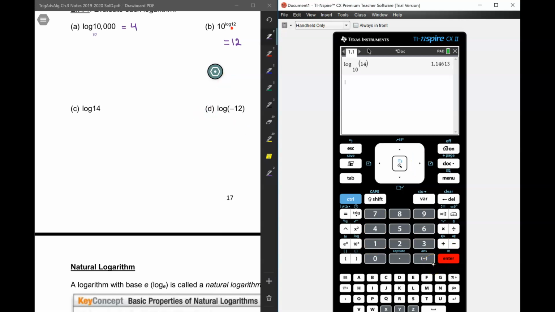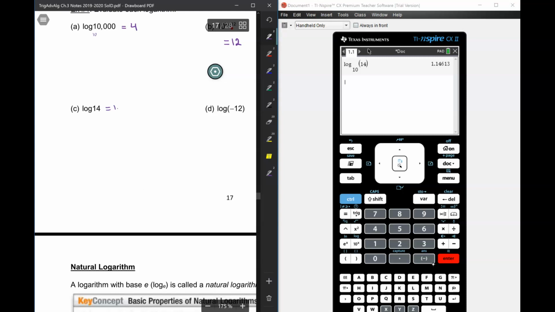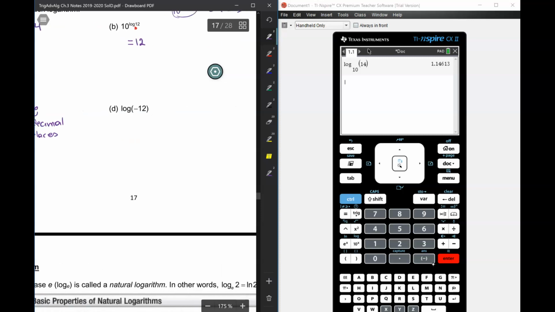So you see how I didn't put a base of 10, but it put it in there for me, right? So it's 1.146. Always 3 decimal places for logs. Okay, and here, what about log of negative 12? No solution.